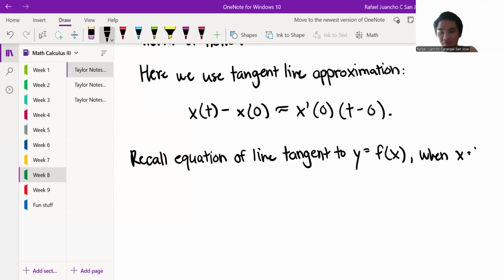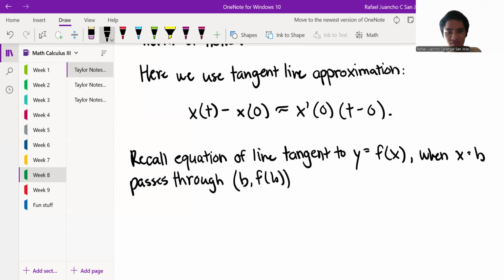When x reaches some b, well then this equation should pass through a point that's b and then f of b, right? And at b, it should have a derivative or slope of f prime of b.